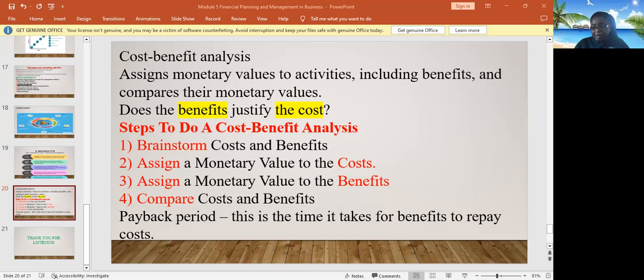Indirect benefits, these are increased customer interest in the business or brand. Then we have intangible benefits, improved employee morale, and competitive benefits also, being the best within the industry, and so on.